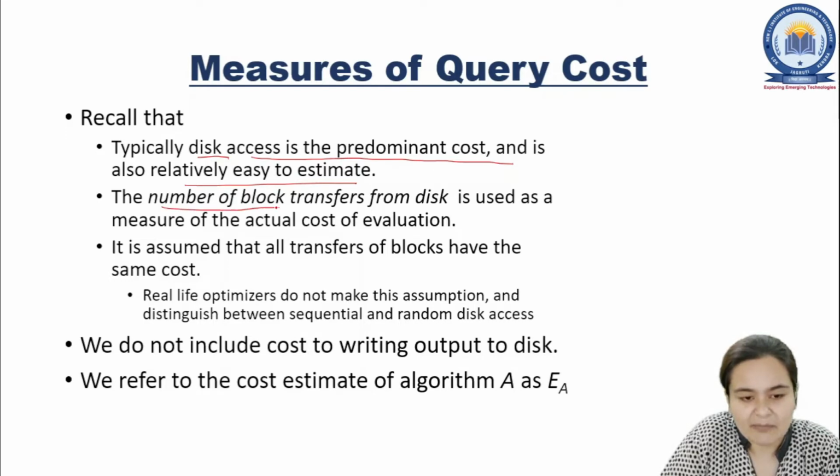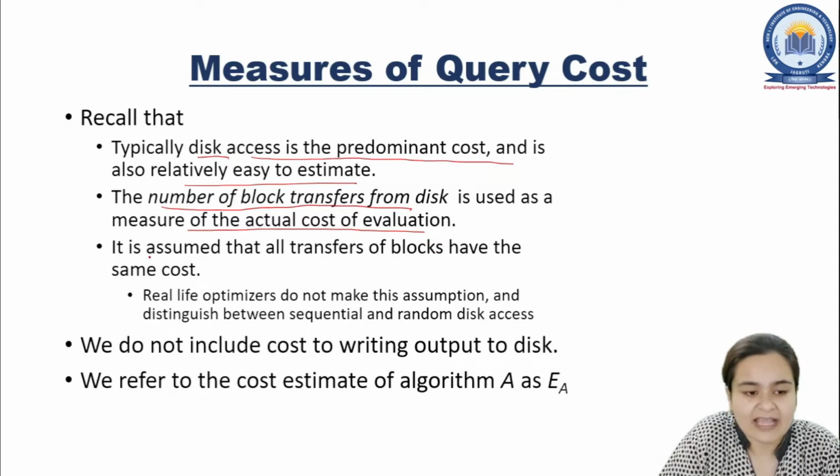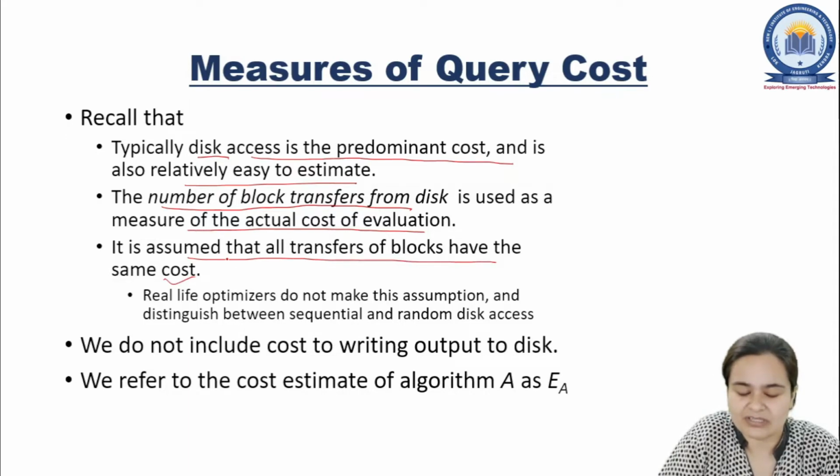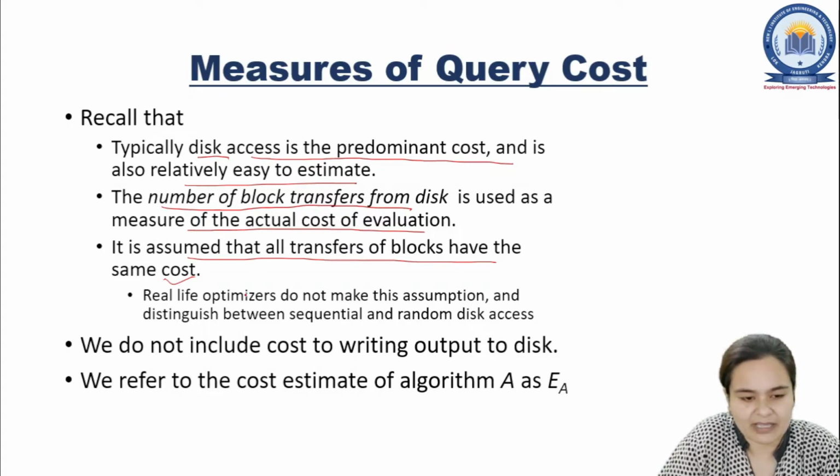The number of block transfers from the disk is used as the measure of the actual cost of evaluation. It assumes that all block transfers have the same cost, so we evenly distribute the cost measure to every block. Making every block go from disk to memory costs the same, right?